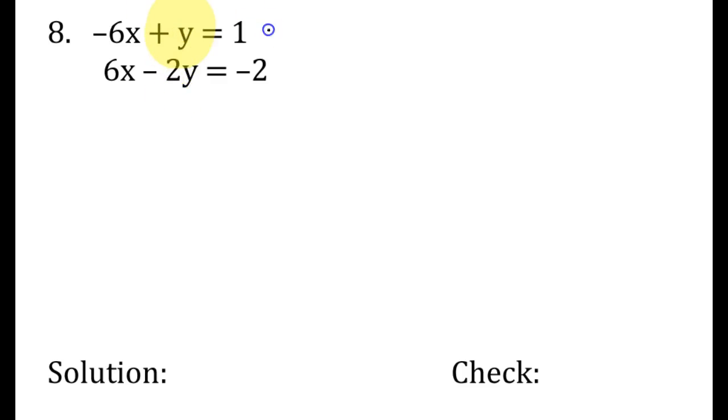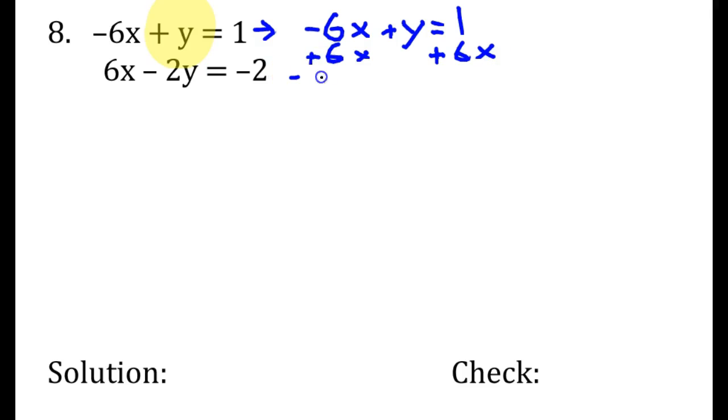So we take that equation, we can just add 6x to both sides, and then it's y equals 6x plus 1, and we can plug this in. Since this y equals 6x plus 1, so does this y.